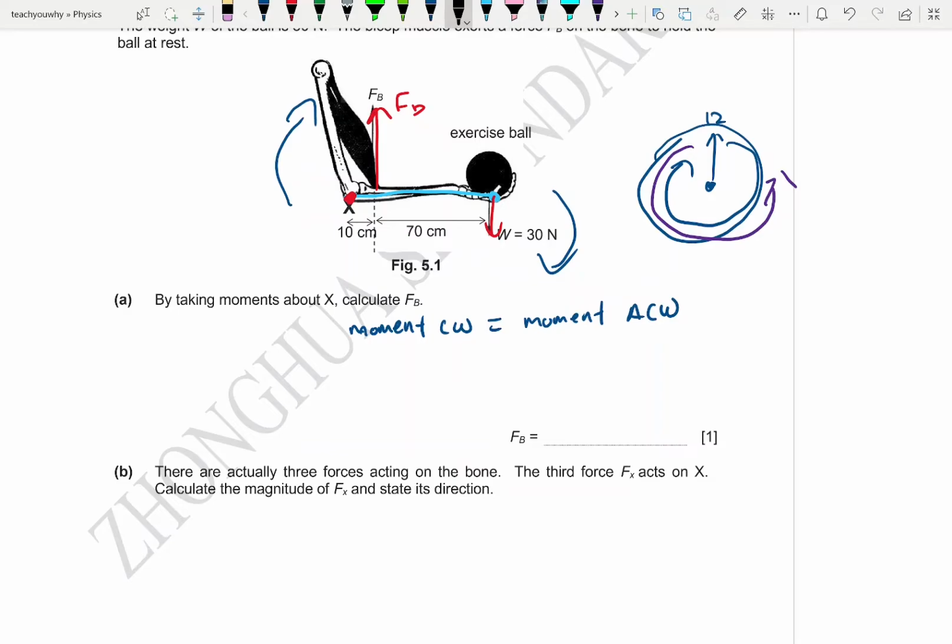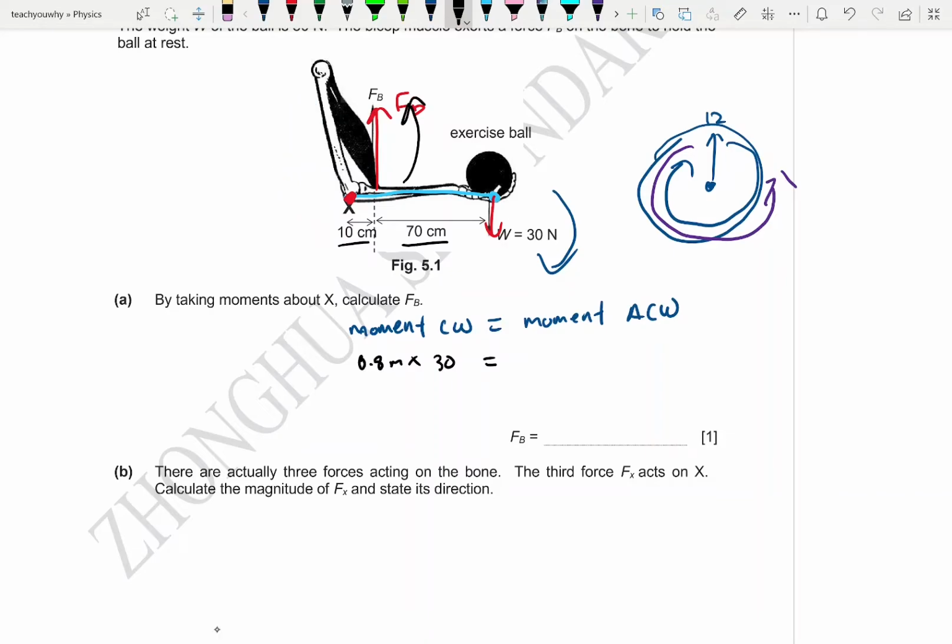My moment clockwise will be 0.8, because this is in cm, we will use 0.8 meters times the force, which is 30. Okay, moment clockwise must be equal to moment anti-clockwise. Sorry, so this one is anti-clockwise.